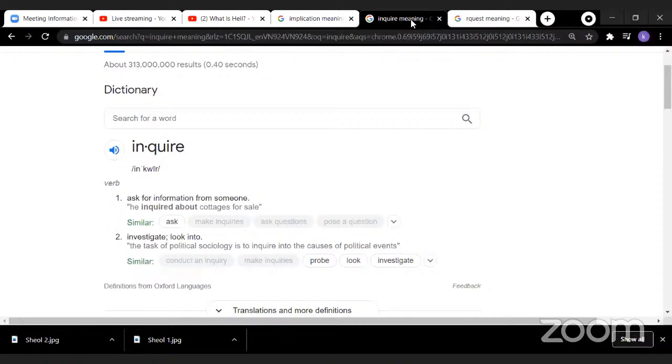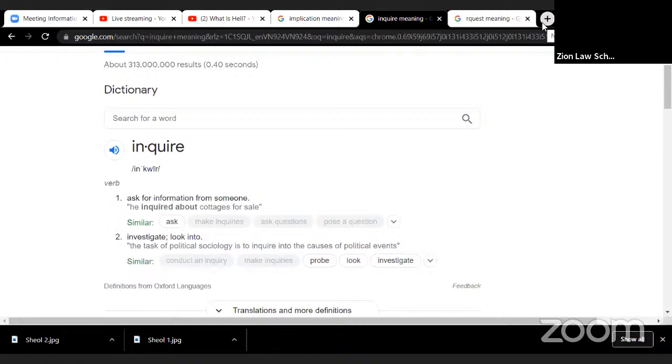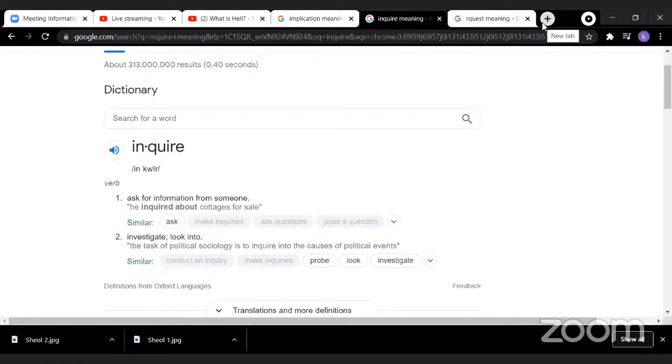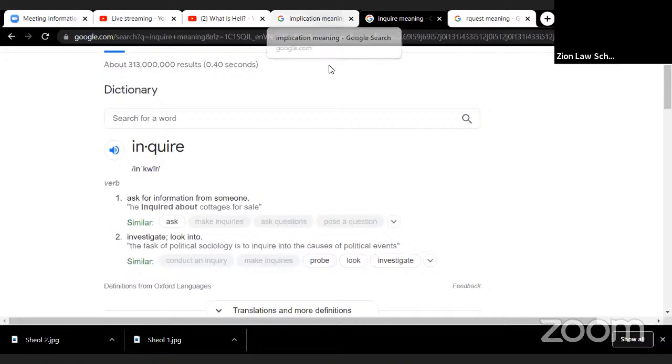But now that I think about it, it says even though you don't formally or exactly ask for it, it is inferred that you ask for it, correct? Yes. Okay, so it would be correct. Now it says by extension to demand. So now let's look up extension.